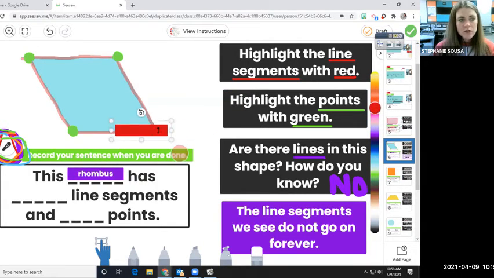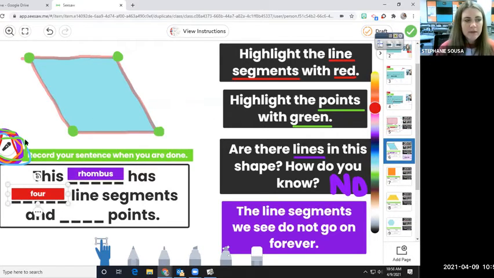So this rhombus has 4 line segments and 4 points. And to answer your question, no, I'm not going to put that in the chat because it's 3 words and y'all can do that. This rhombus has 4 line segments and 4 points.